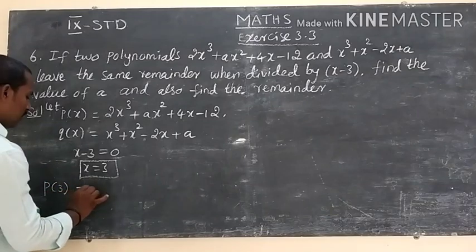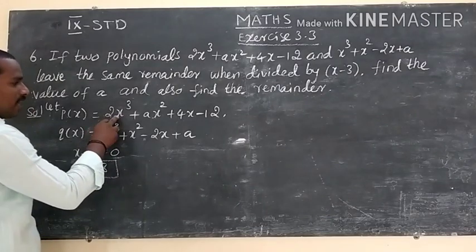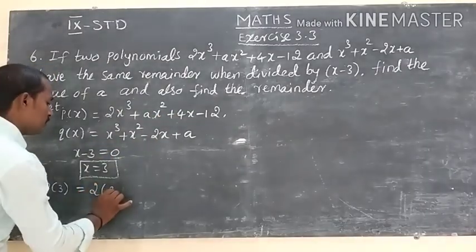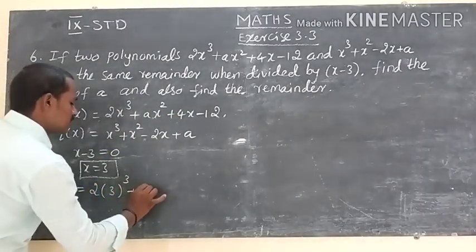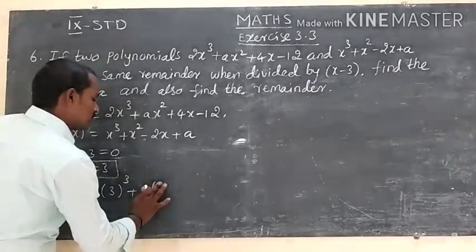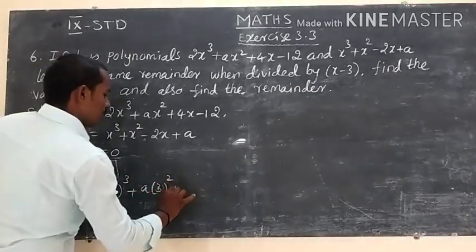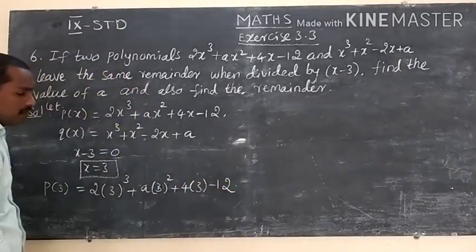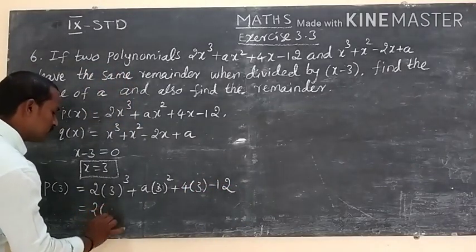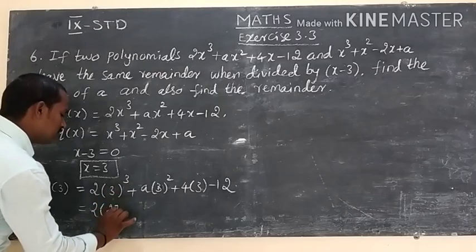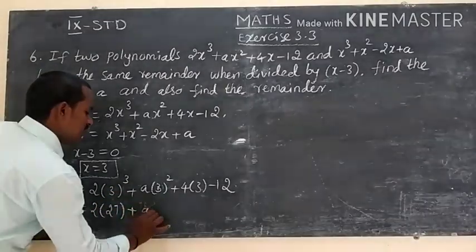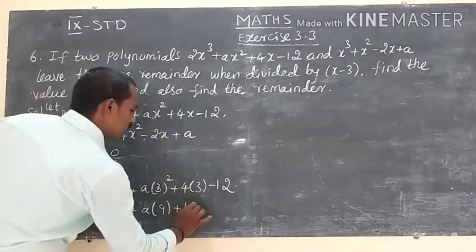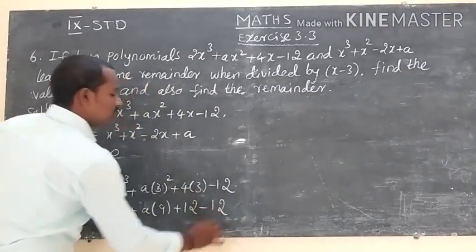P of 3 is equal to, here x is replaced by 3. So 2 into 3 cube plus a into 3 square plus 4 into 3 minus 12, which is equal to 2 into 27 plus a into 9 plus 12 minus 12.